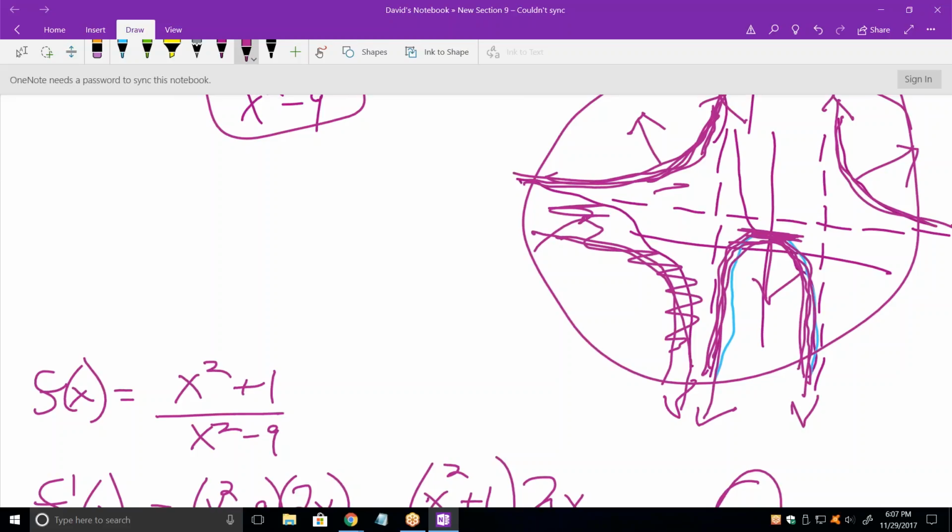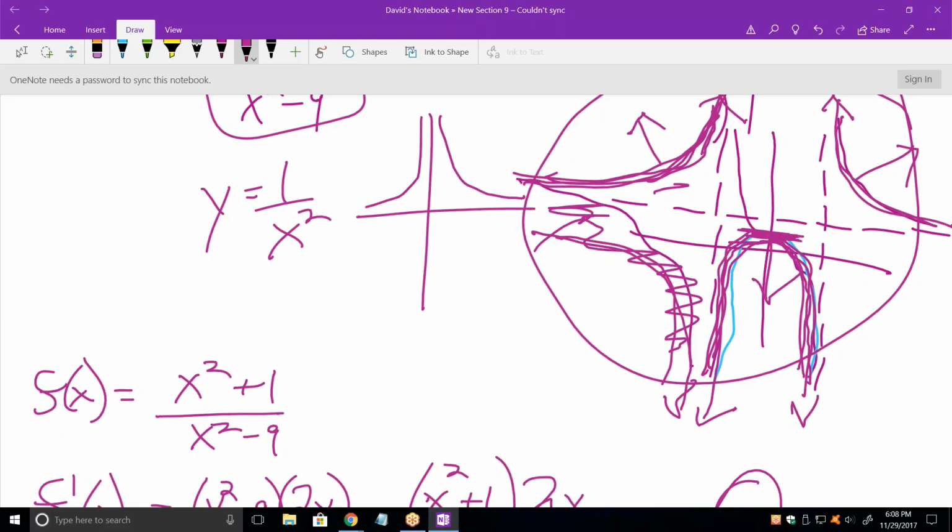A real simple one: y equals 1 over x squared doesn't follow that rule. If I graph that, it looks like this. I do have a vertical asymptote at 0, but on the right side of that vertical asymptote I'm going up to infinity, and I'm coming down from positive infinity on the left side also.